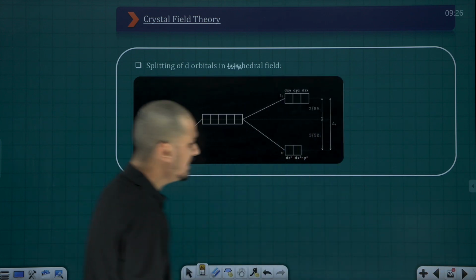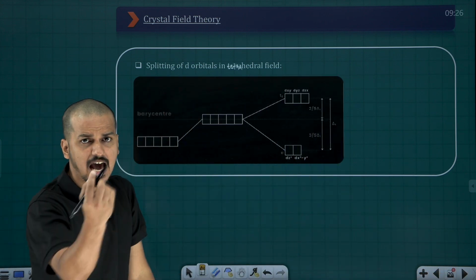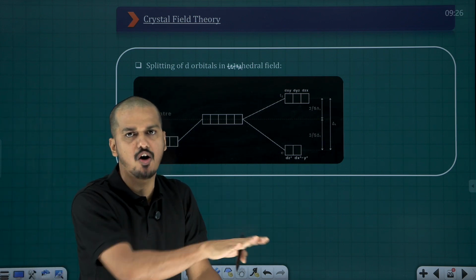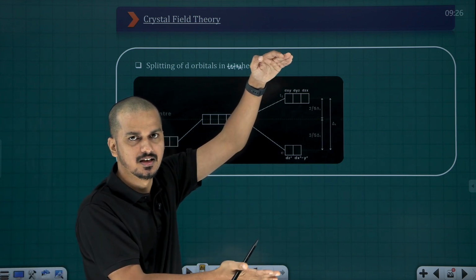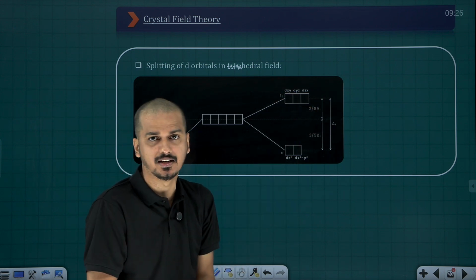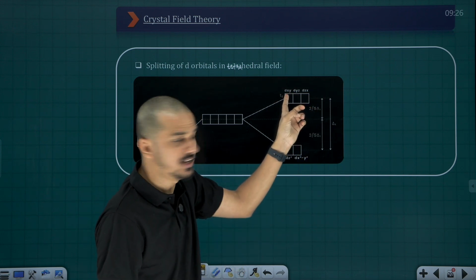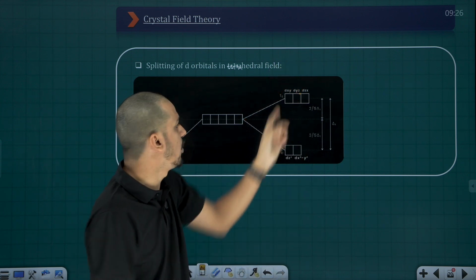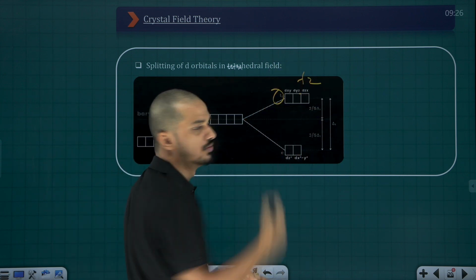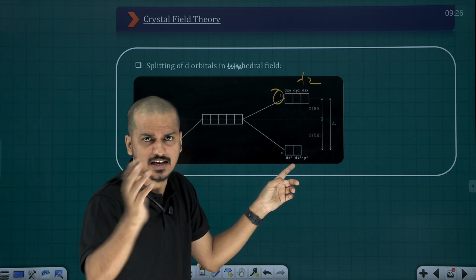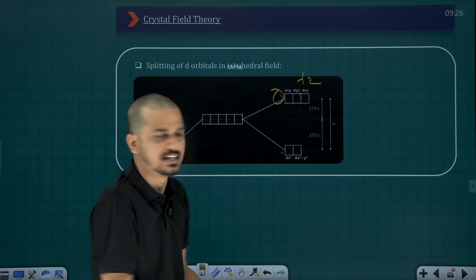If it is tetrahedral, the ligands approach along the plane, so the orbitals which lie along the plane, their energy will increase. Which are they? They are dxy, dyz, dxz, and they are called T2. The ones which lie along the axis, dz2 and dx2-y2, their energy level will decrease.